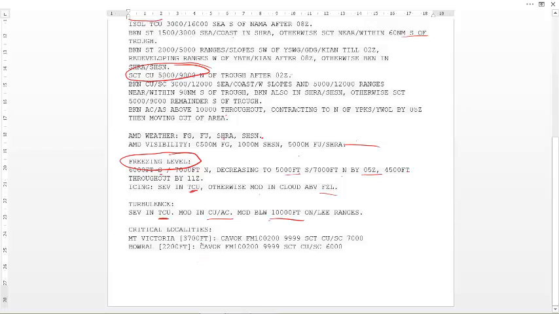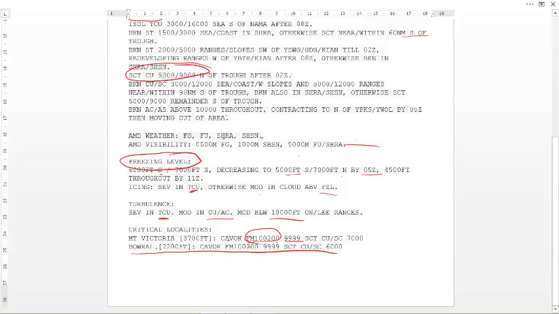Shouldn't be too bad. This is something we always look for, particularly if you're flying into Sydney from the west. Mount Victoria and Bowral are both critical localities, but we find that in this time frame from 0200, CAVOK. Now CAVOK means good visibility.